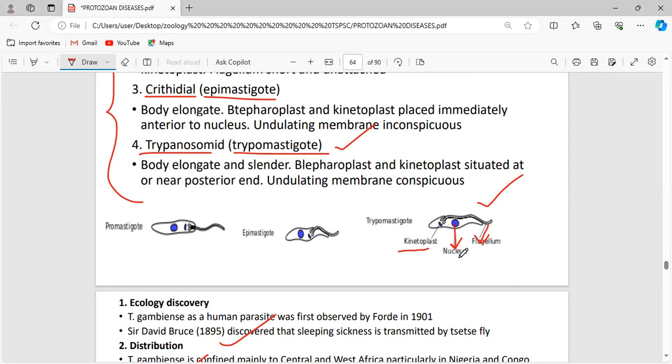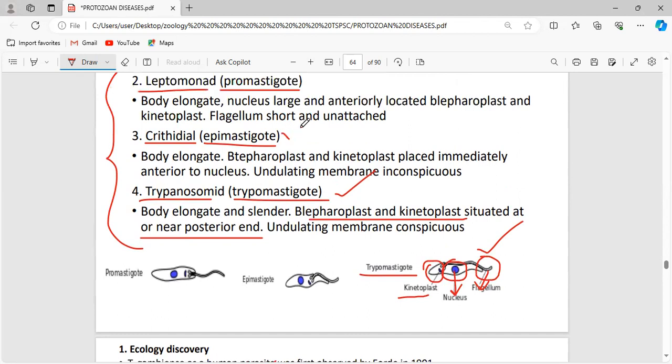The trypomastigote is also called the trypanosomid. The body will be elongate and slender. Here, the blepharoblast and the kinetoplast are situated near the posterior end. See, this is the posterior. Always the flagella will be present at the anterior end and the nucleus will be at the middle. This is called the trypomastigote or the trypanosomid.